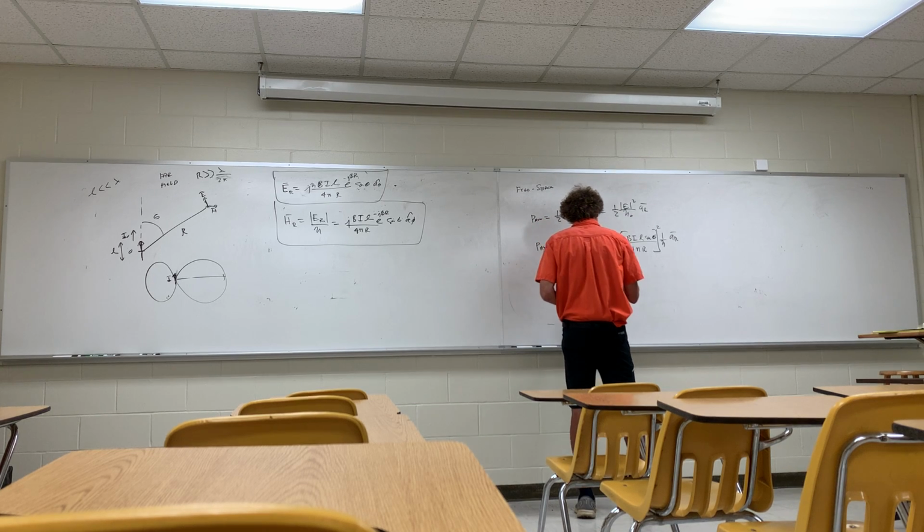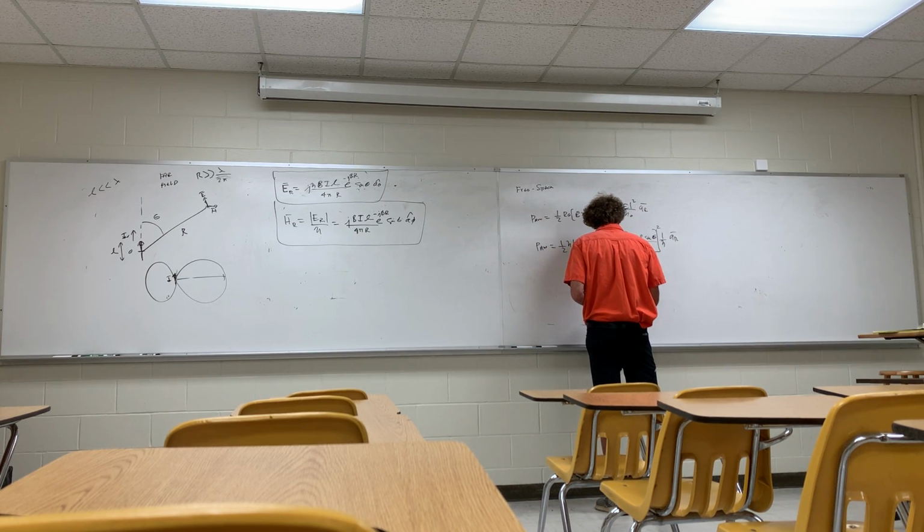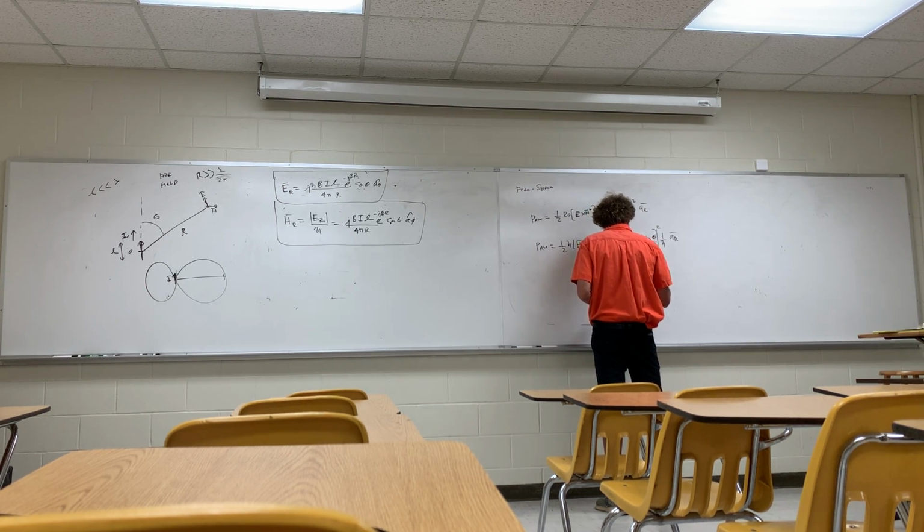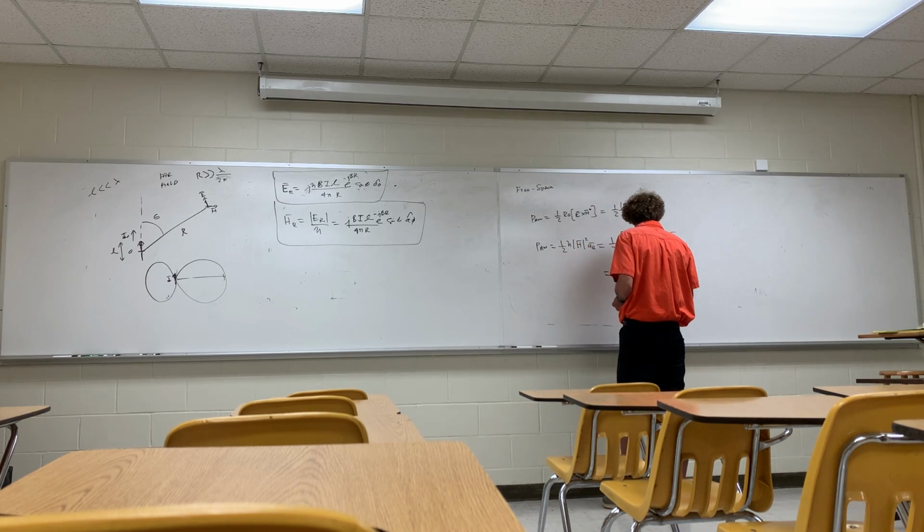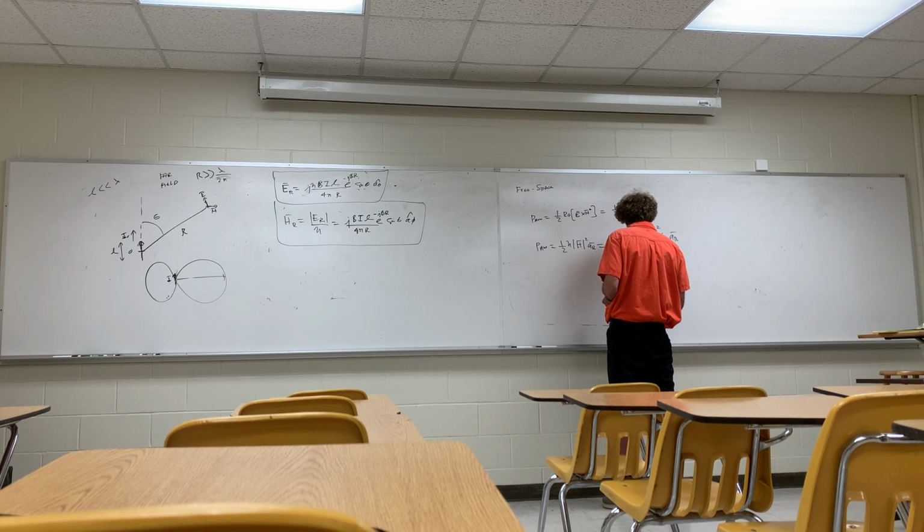So that means I get 1/2 beta squared I squared L squared sine squared theta over 4 pi squared R squared, divided by eta.